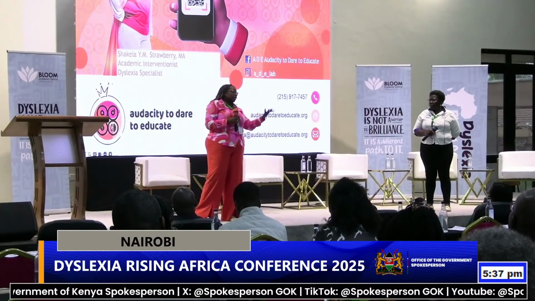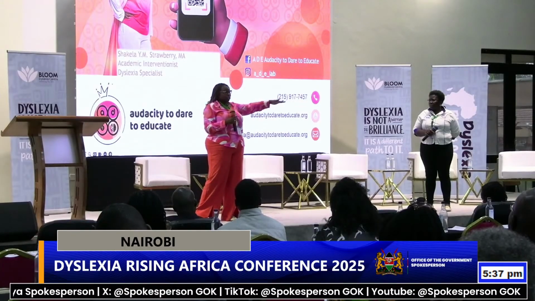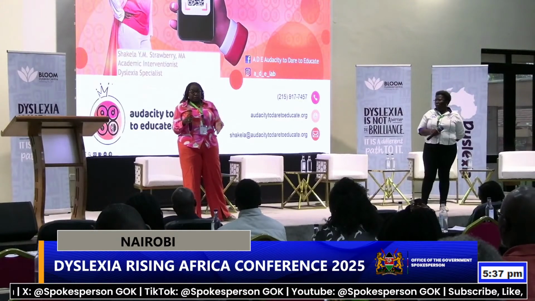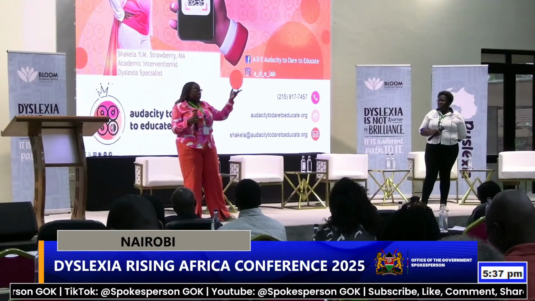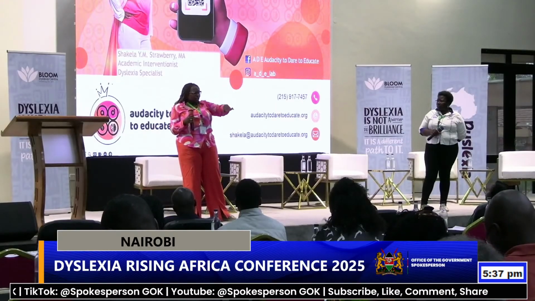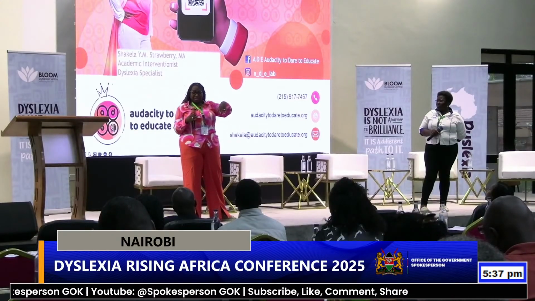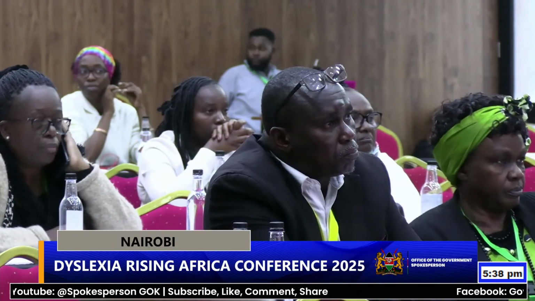But then lastly, I want to address what you said, because this happens all over in America too. It is very hard to have this conversation with parents. It is especially hard to have this conversation with minority parents. I was talking to somebody during lunch, and she said, here in Kenya, I guess at one time y'all thought it was just a white thing, correct? Like dyslexia only affected white people.